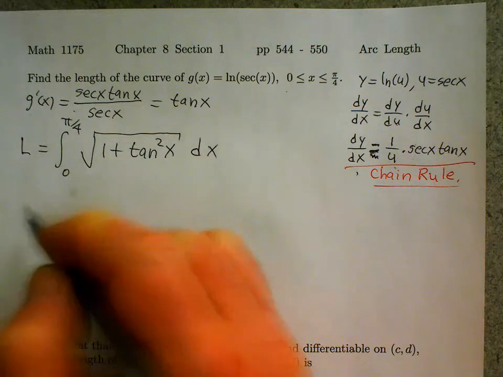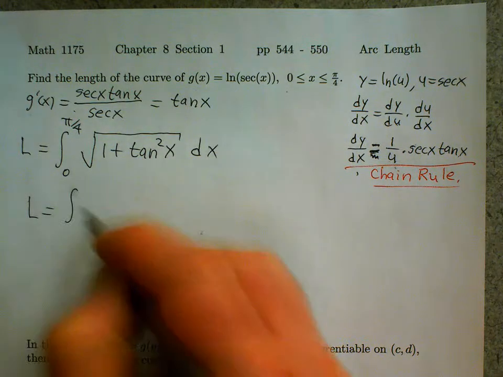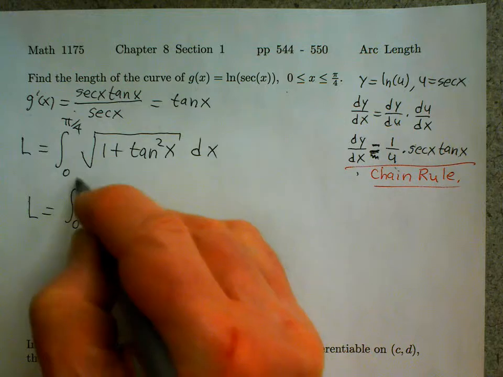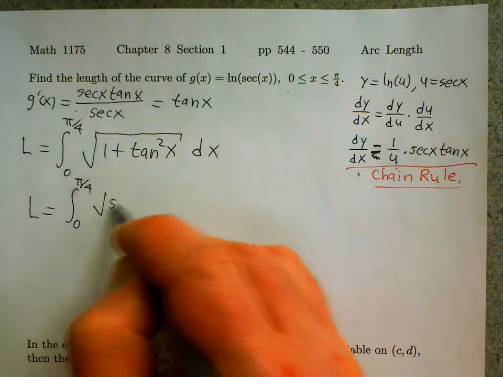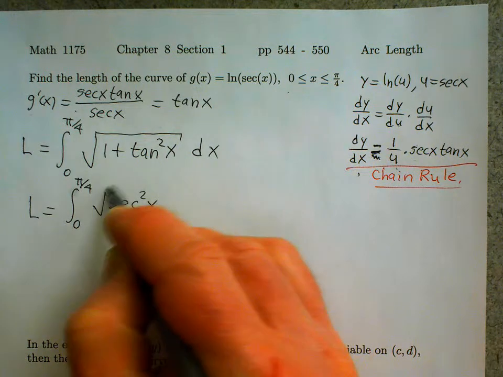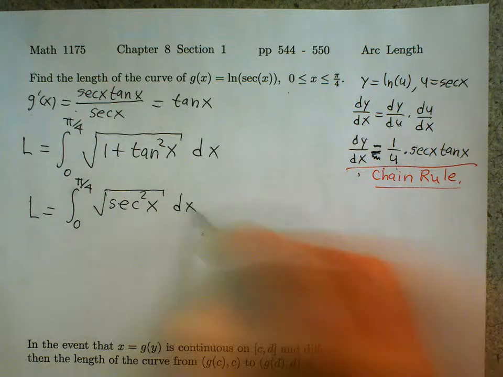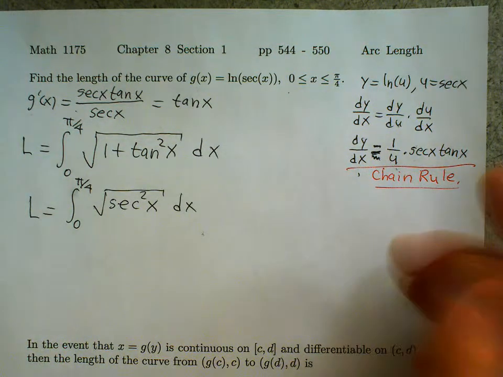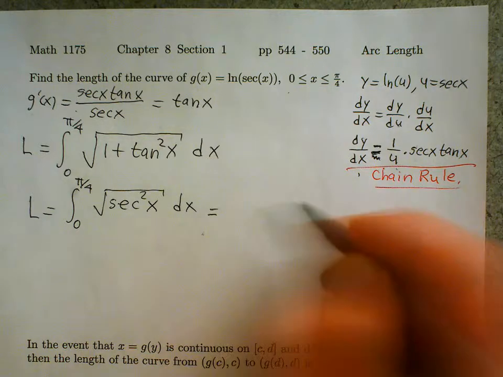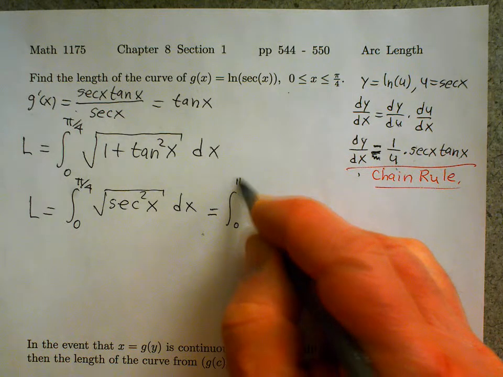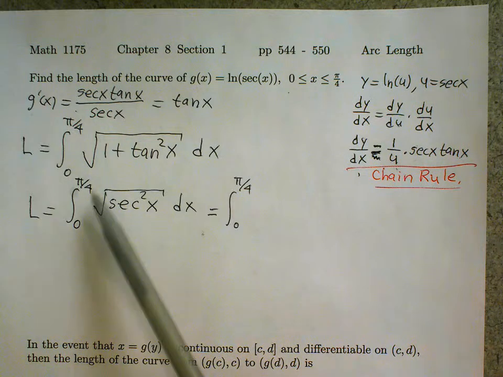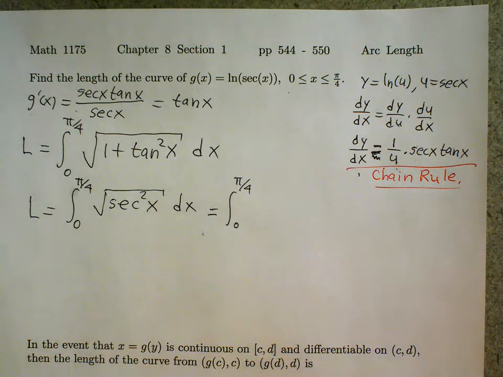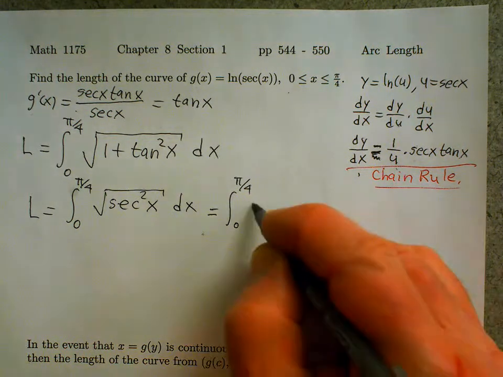So we can write this as L equals the definite integral from 0 to pi over 4 of the square root of secant of x squared dx. Secant of x is positive on the interval from 0 to pi over 4, so the square root of secant of x squared is just secant of x.